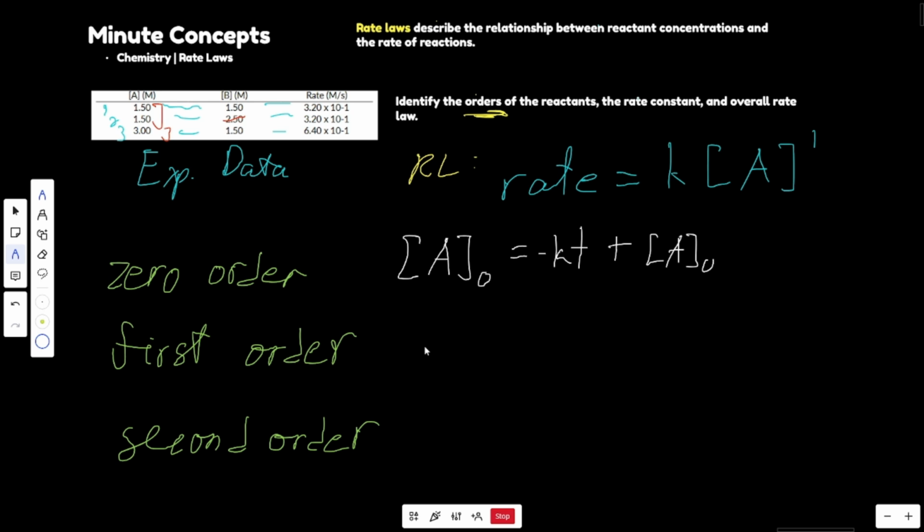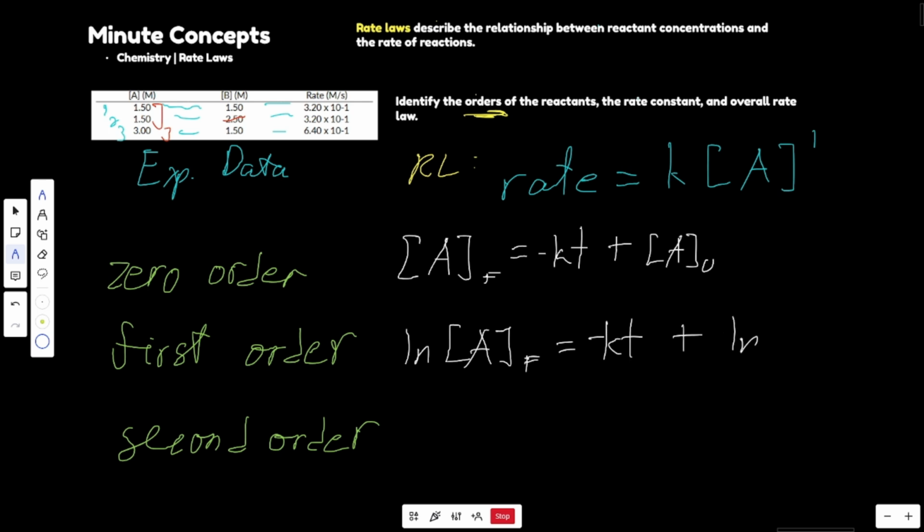Now for the first order, the equation is quite the same. However, instead of this, it's going to be applying the natural log of the concentrations of each. Sorry, I accidentally wrote null here. It should be F. So it's going to be the exact same.